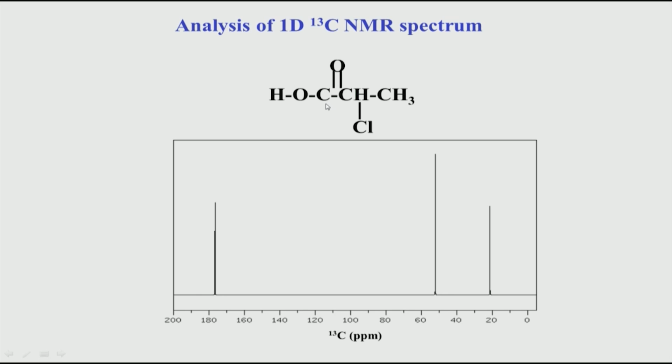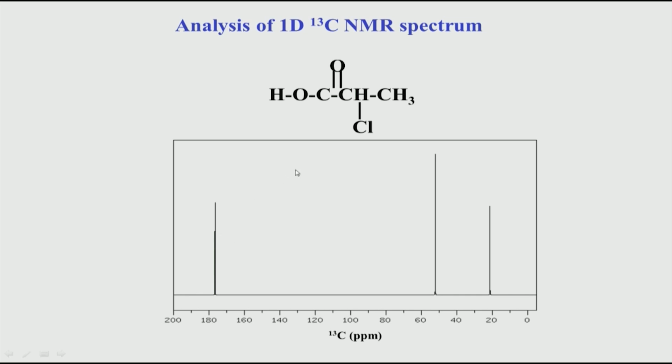Now, if you look at the chart of expected carbon peaks, we saw that carboxylate comes somewhere around 180 ppm, and that is what is shown here, a peak at 180 ppm, which is a little bit downfield compared to the ester group. If you recollect, there is a slight distinction between ester and acid. In the case of ester, it comes somewhere around 160 to 170, whereas in a carboxylate group the carbonyl carbon comes somewhere between 170 or 180 to 190.